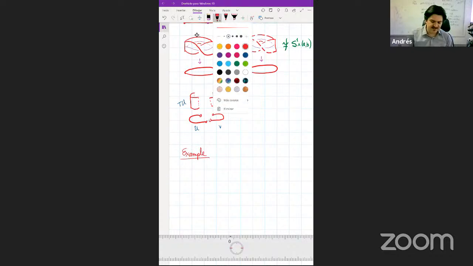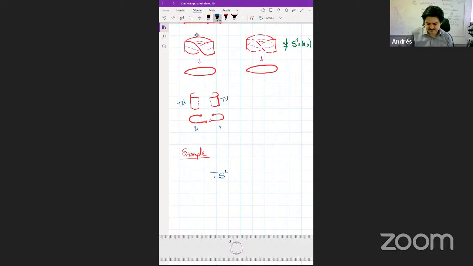So let's see if we can discuss a little bit why this is not true. Okay? So on the right-hand side, we have the same behavior that I told you about the cylinder.